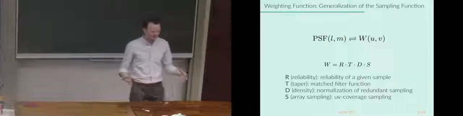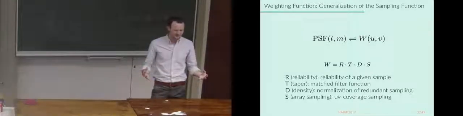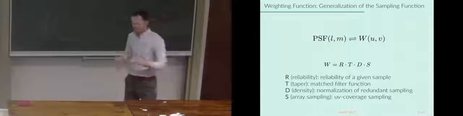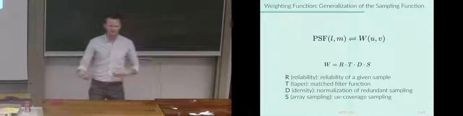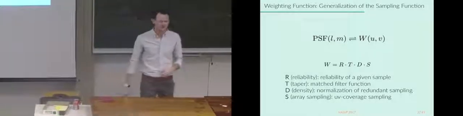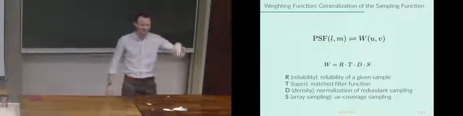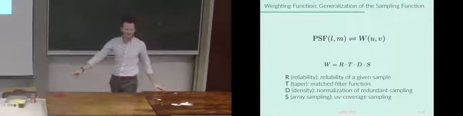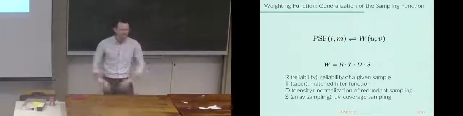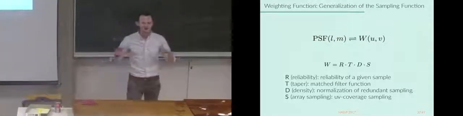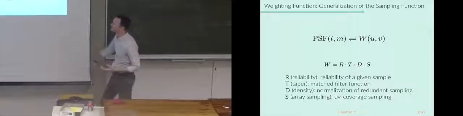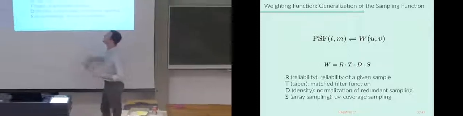Say you have a collection of dishes like in VLBI, where they're spread throughout the world, and they're all different dishes made by different people. They're going to have different sensitivities. In VLBI, you might have Arecibo, the 350-meter dish, with a 20-meter dish. So obviously you want to weight them differently because some are more sensitive than others. So that's this idea of reliability.